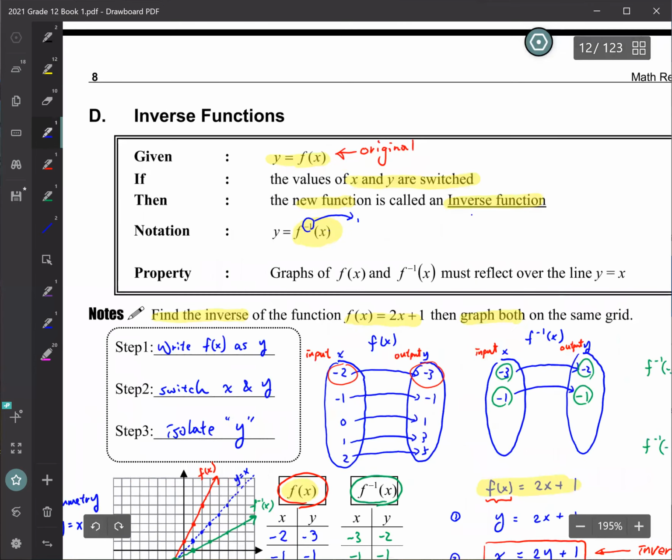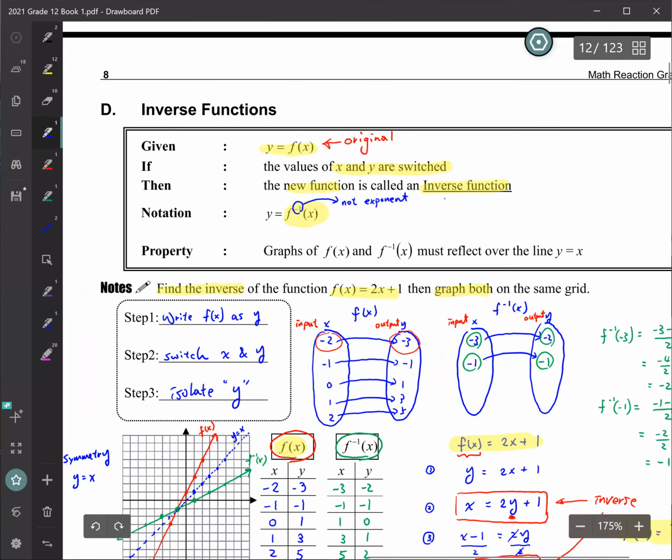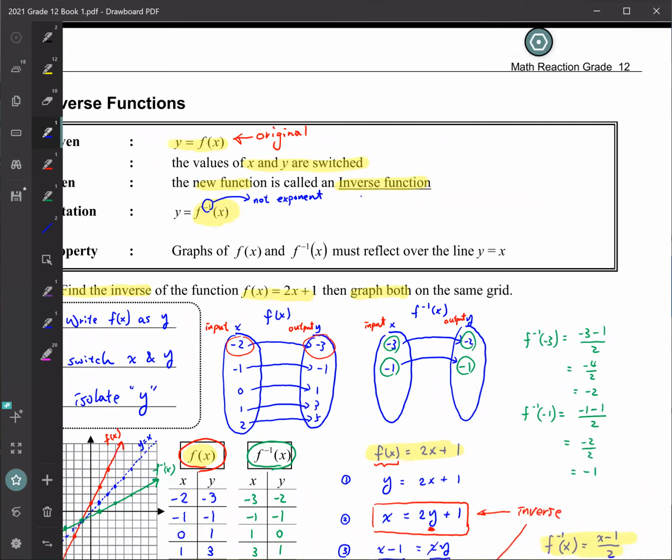Remember, the -1 is not an exponent, so do not confuse that with the exponent. If they want to show an exponent of -1, they will write it like this: f of x to the -1. Then this one is the exponent. If they put the -1 in between the f and the x, then that's for the inverse.